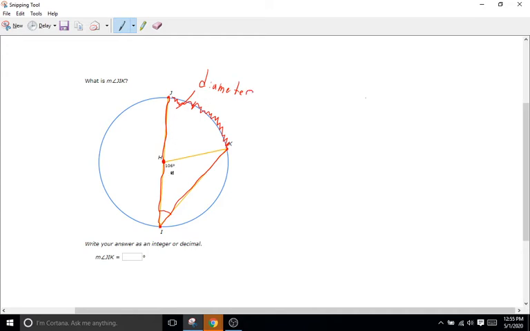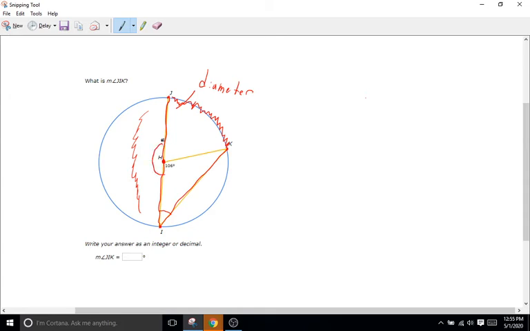So if that's a diameter of the circle, that means it's cutting the circle in half, which means this half of the circle is equal to this half of the circle, or this is just a half a circle. So what do we know about the degree value of half a circle?